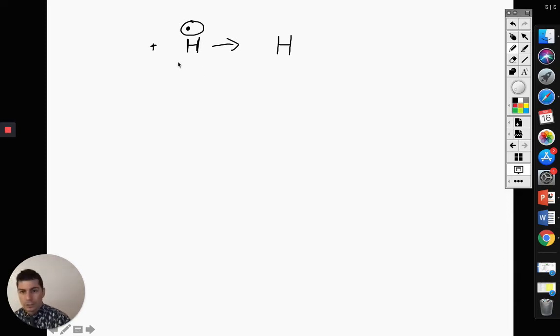If I make this H in red, you can see what's going on with the electrons. Let me erase this as well. I'm going to redraw this first hydrogen, but instead of putting the electron on the top, I'm going to put it on the side, and you'll see why in a second.